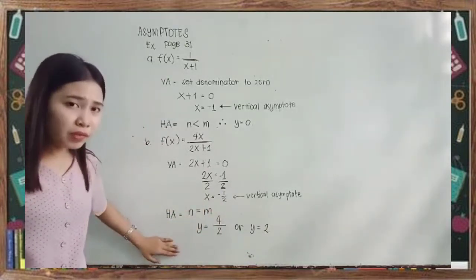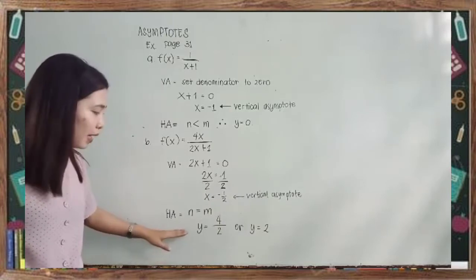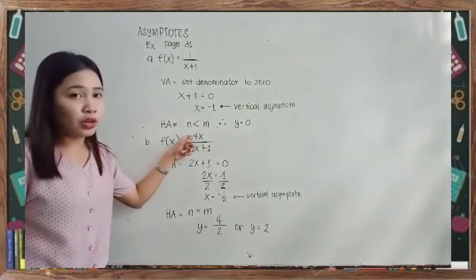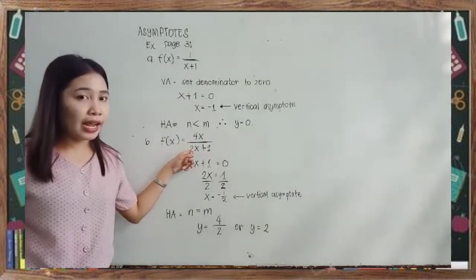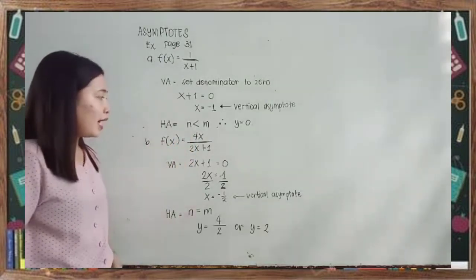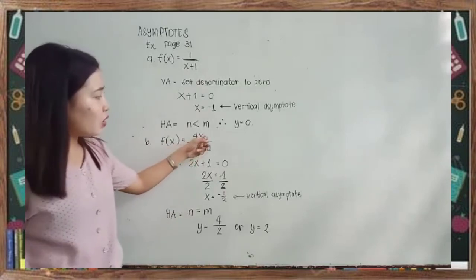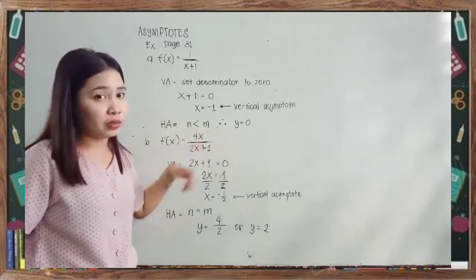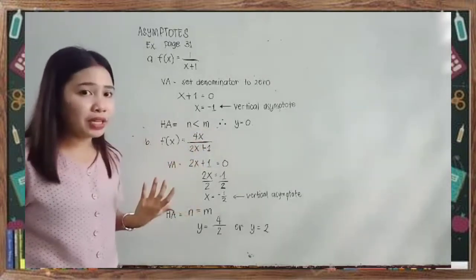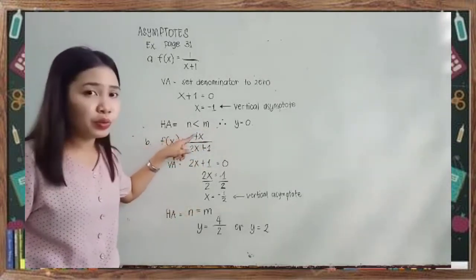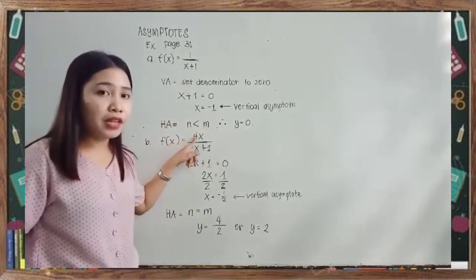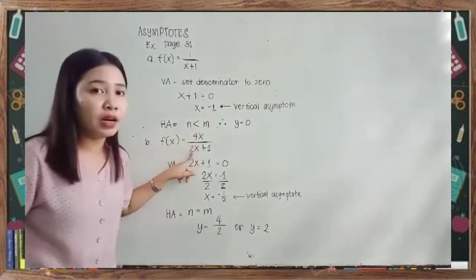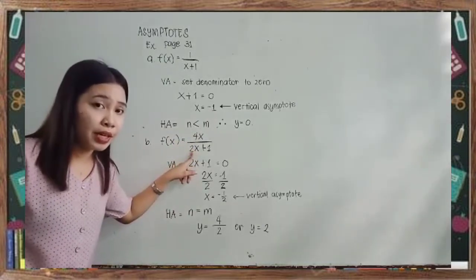Then, to get the horizontal asymptote naman, i-check natin kung yung degree ng numerator at degree ng denominator ay magkaparehas. Okay? So, ang degree nito ay 1 at ang degree nito ay 1. So, equal sila. Ang gagawin natin dyan ay i-divide natin yung pinakaunang number or coefficient dun sa numerator at pinakaunang coefficient sa denominator.